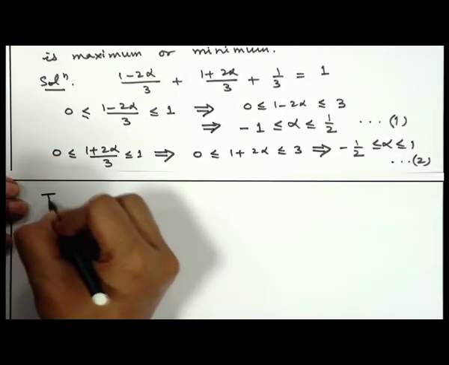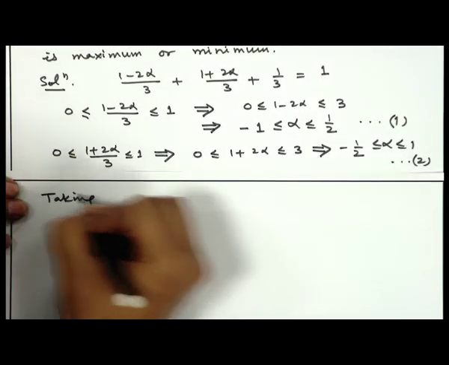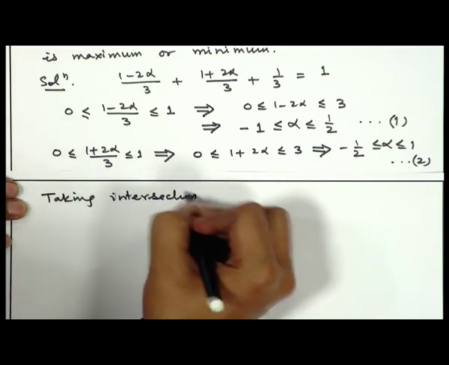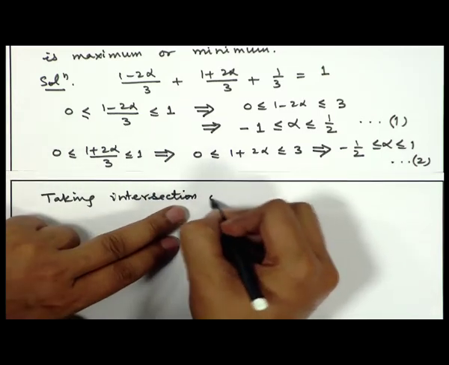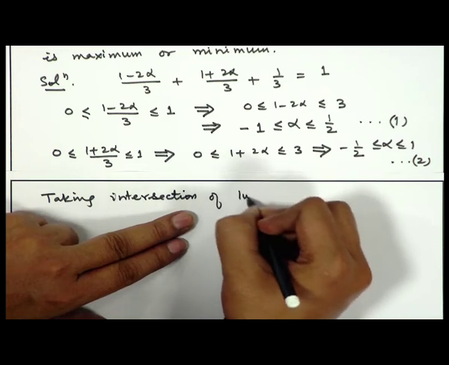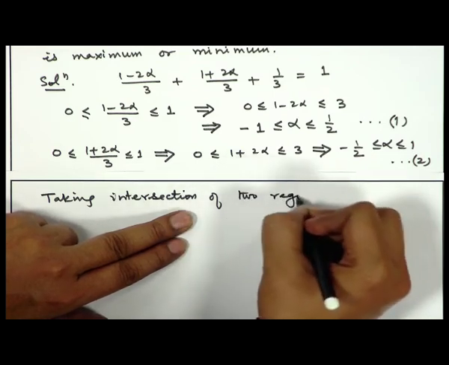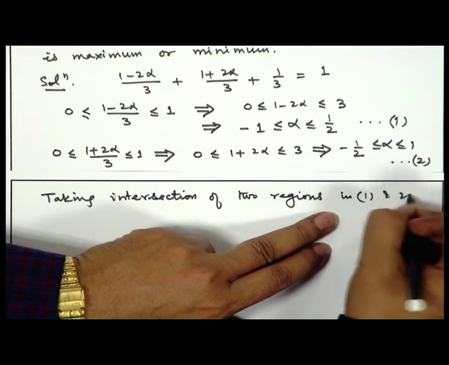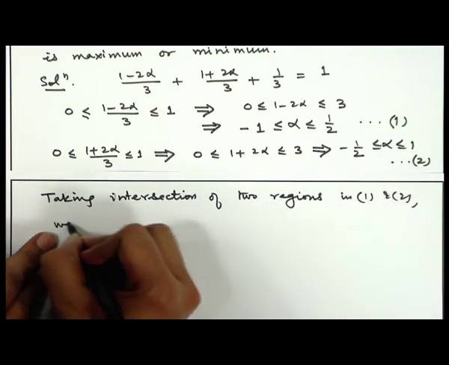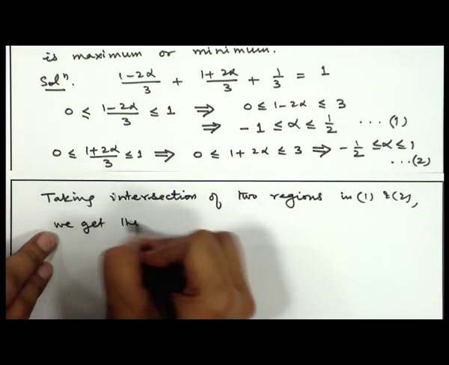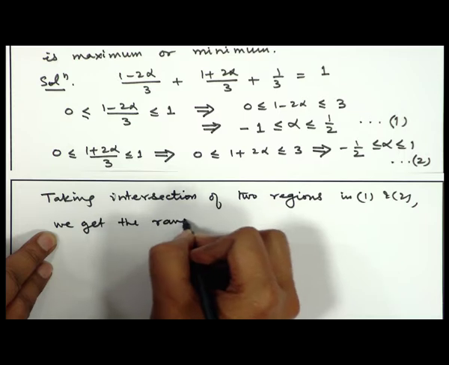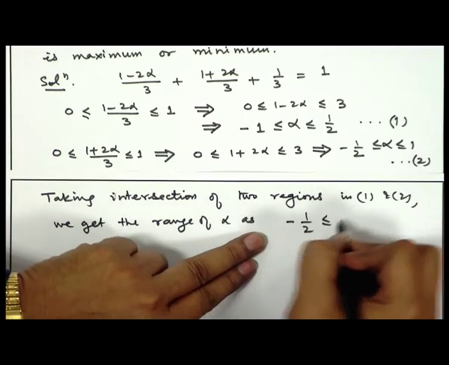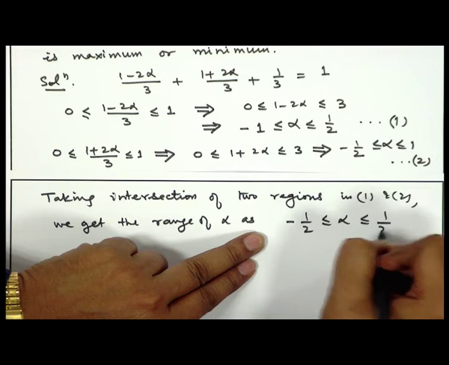So, taking the intersection of the two regions in 1 and 2, we get the range of alpha as -half less than or equal to alpha less than or equal to half.